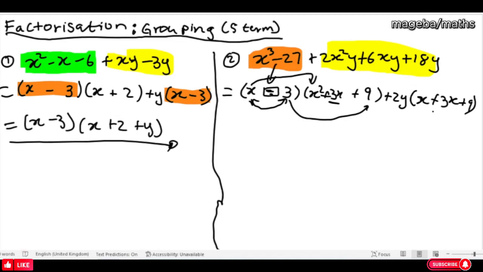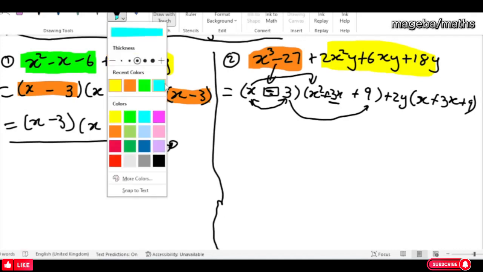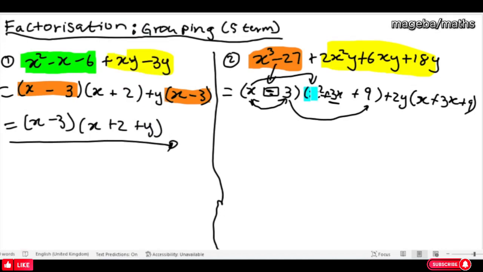Now I hope you see that this and this are the same. Let me highlight it with another color. These two things are the same, so these two things are common.